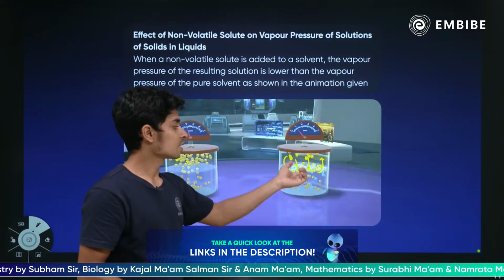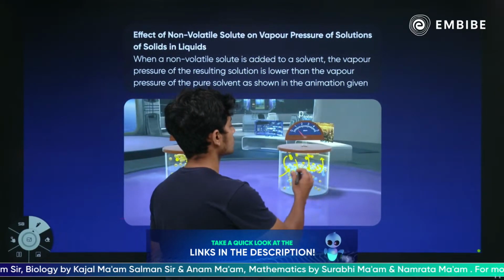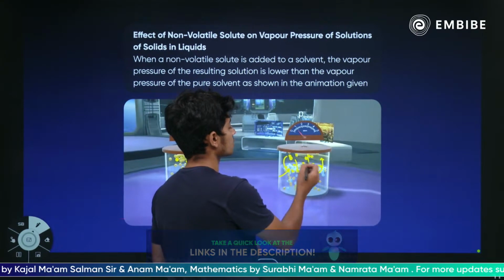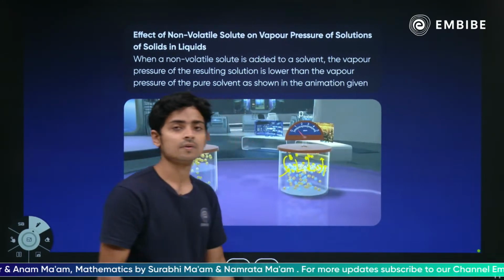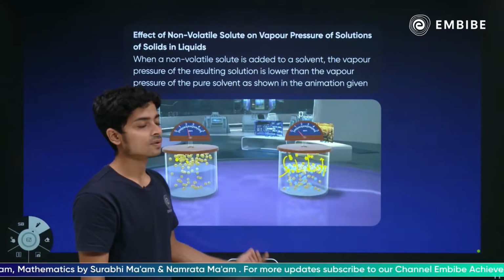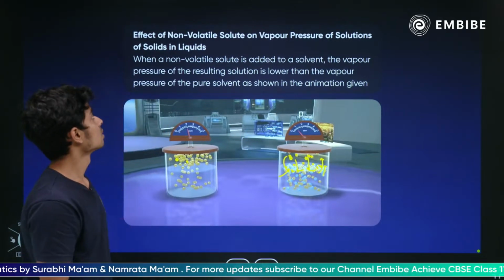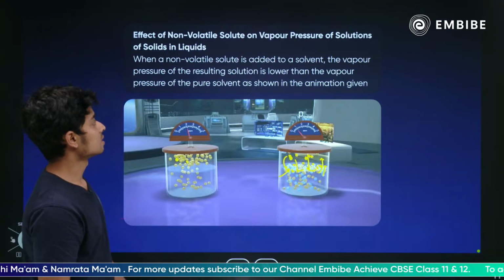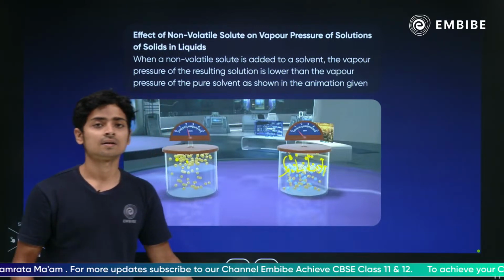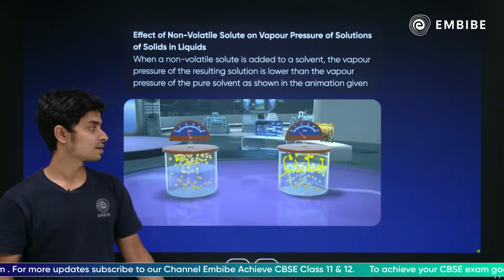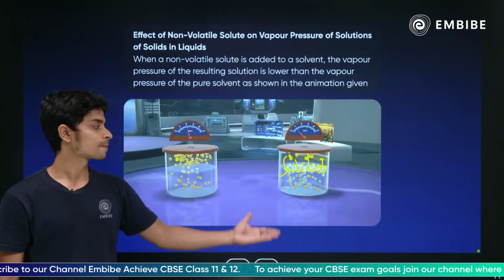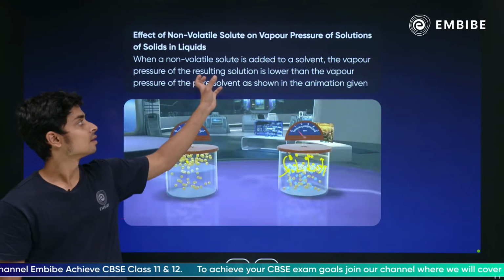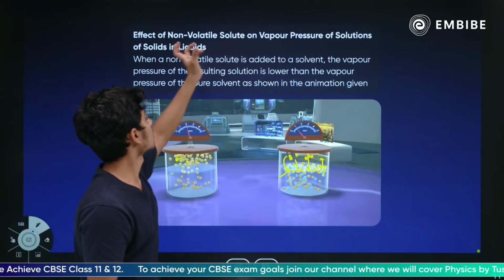But if you add solute particles, they block the surface. So less solvent particles can go into the vapor phase, thus it will reduce your vapor pressure. So whenever you add a non-volatile solute, generally a solid solute with a relatively high boiling point, like your salt NaCl, your vapor pressure will reduce.